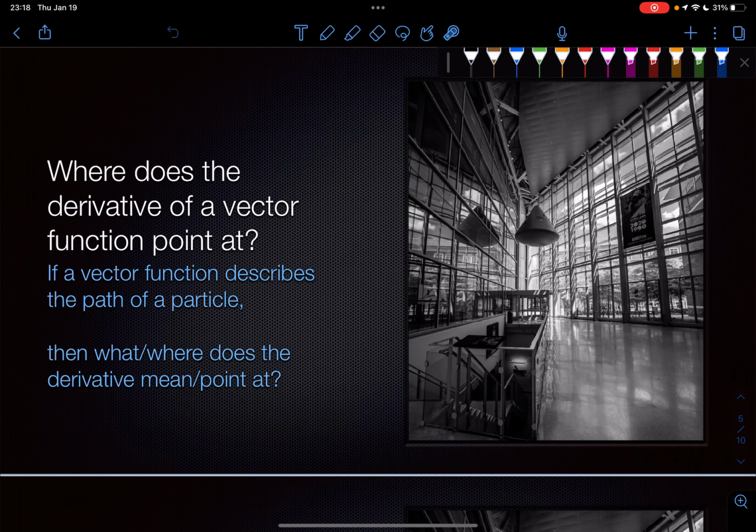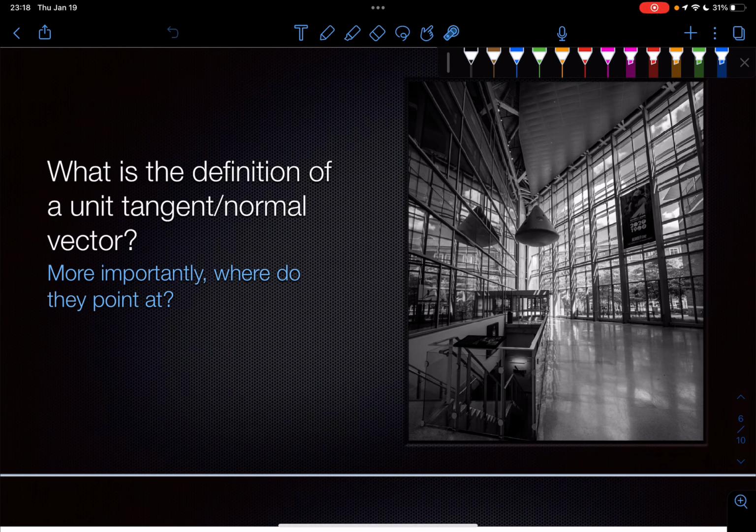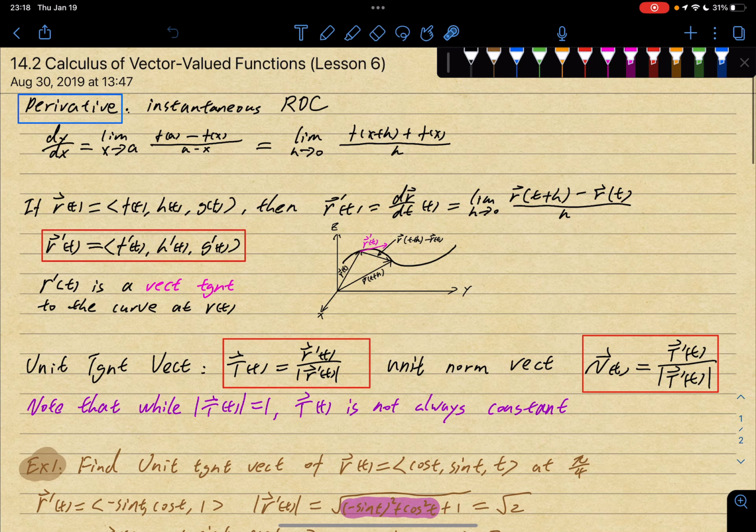So, what is the definition of a unit tangent and normal vector? And more importantly, where do they point at? If we go back again to my lecture notes, this is how you define unit tangent vectors.